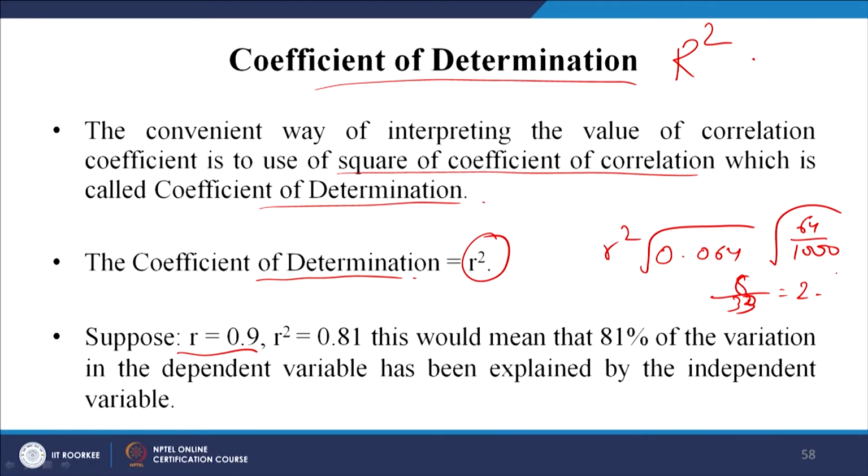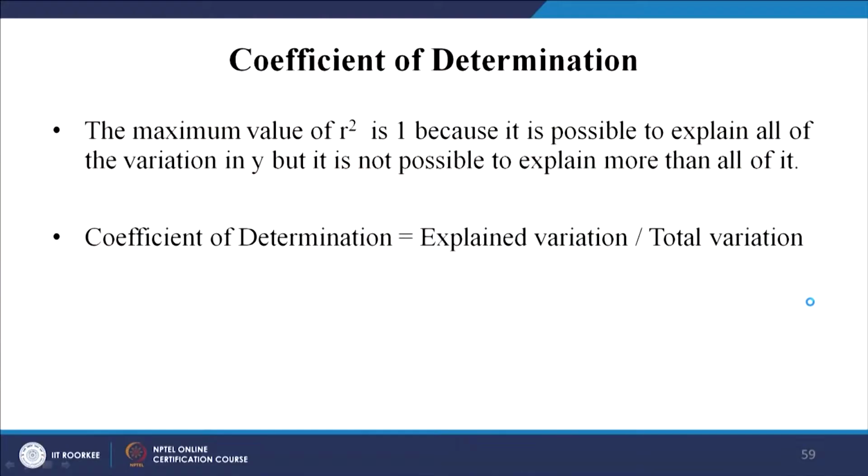So, that is what I was saying, 0.25 or 0.24, whatever it comes, right. So, this is my R value, because it cannot be more than -1 to +1, it has to range in between that. For the coefficient of determination, the maximum value is 1, because it is possible to explain all of the variation in y, but it is not possible to explain more than all of it.